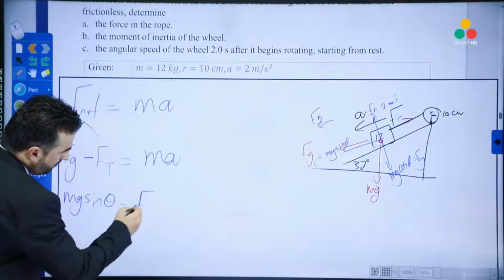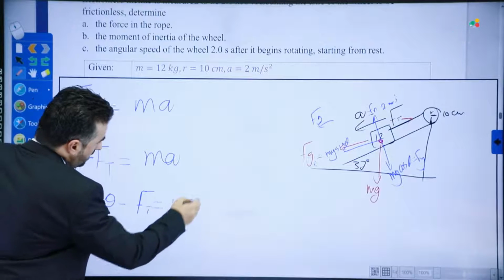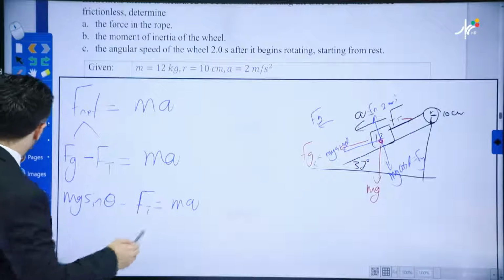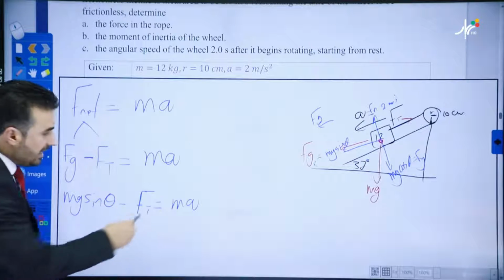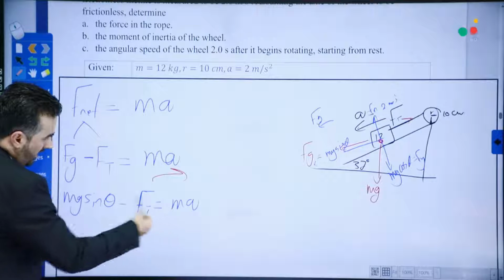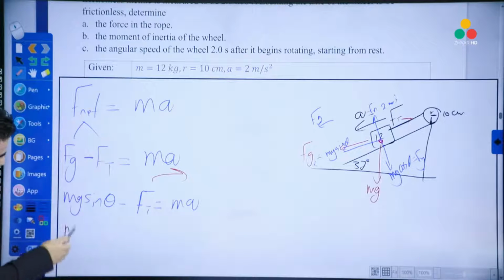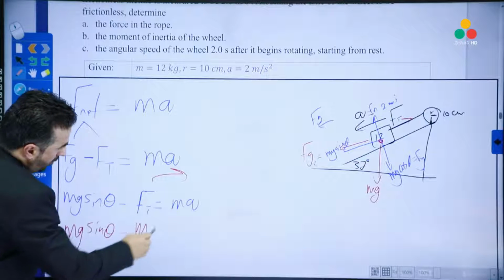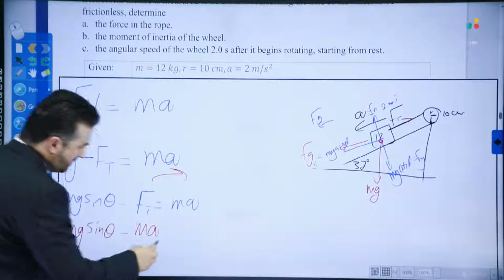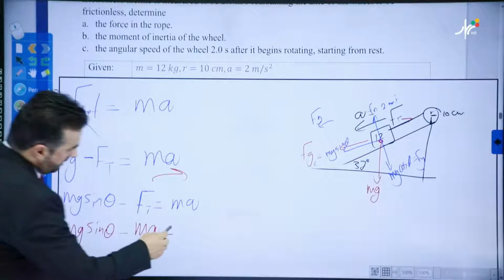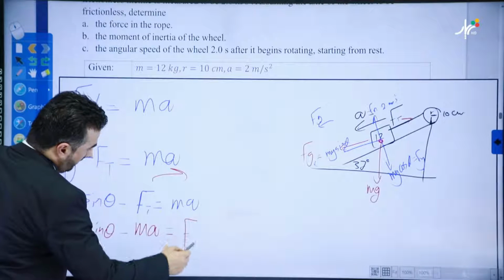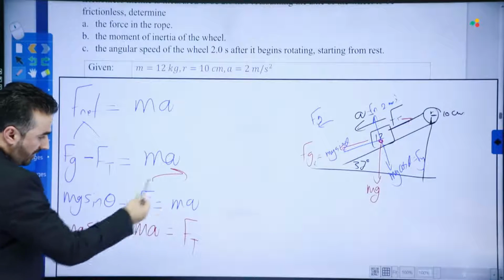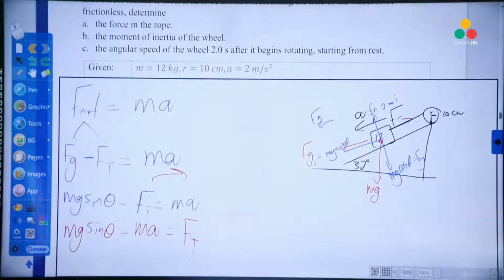We want F tangent, so I'll take Ft to the other side and bring Ma to this side. So mg sine theta minus Ma equals Ft. By the way, if it is negative on one side, it becomes positive when it goes to the other side, and vice versa.